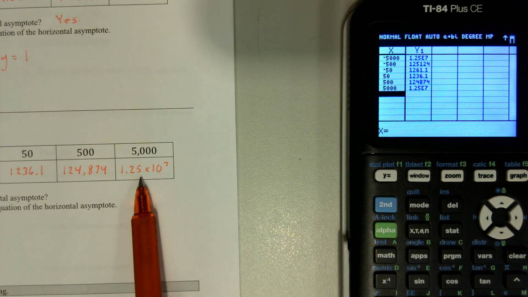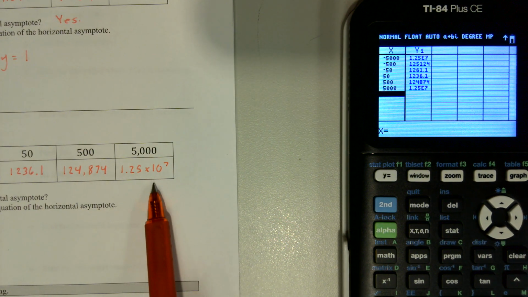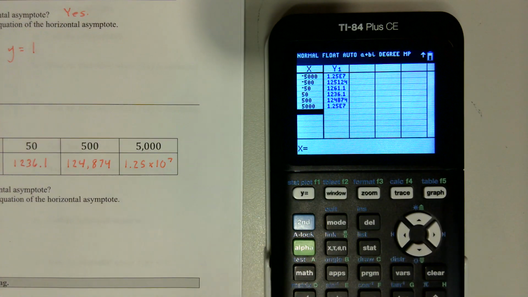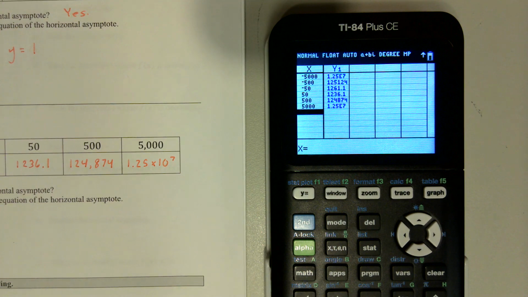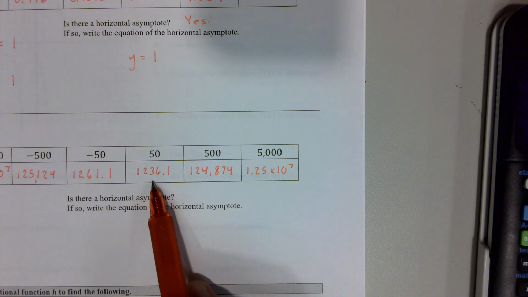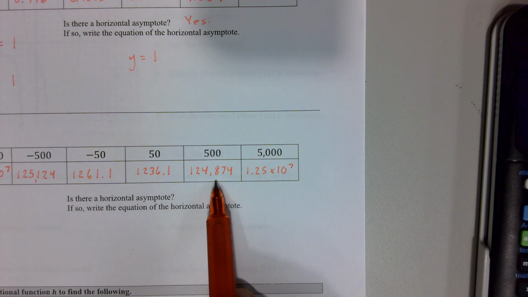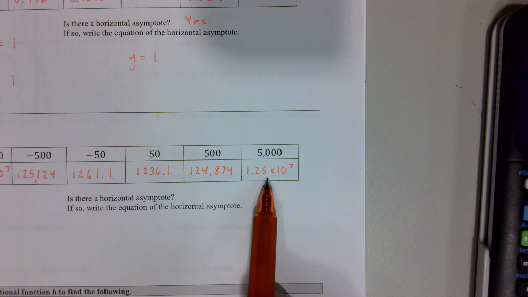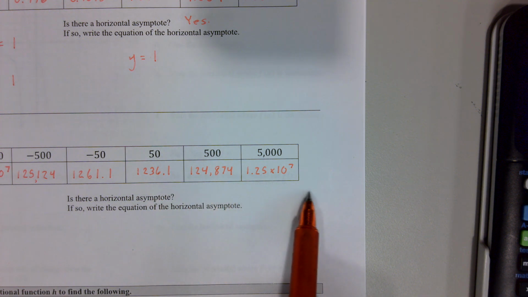That's 12.5 million, so a very, very big number. And so we can keep on typing in bigger and bigger numbers, and notice that this one's a little over 1,000, this one's over 100,000, this one's over 12 million. The values just keep on getting bigger the bigger number we type in.